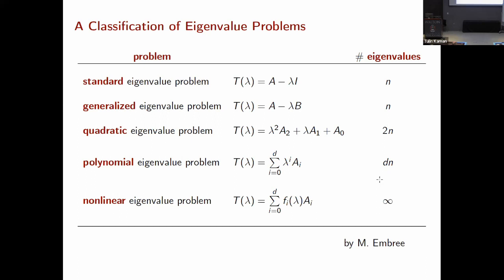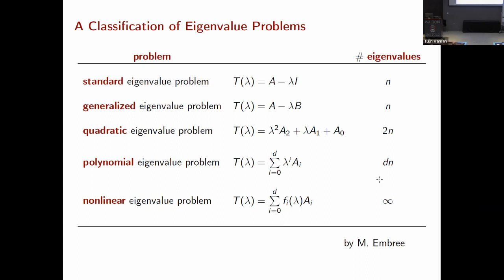So then we can go to the general polynomial case. We have powers for i equal to 0 to d, and if all of the coefficient matrices are of size n, then we know we have d times n eigenvalues.